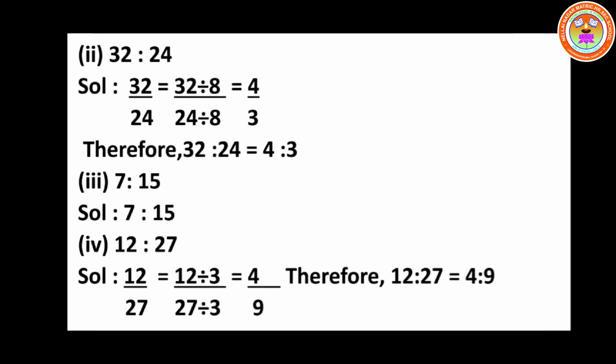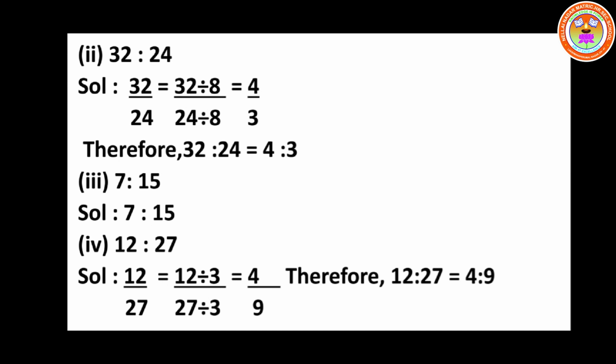Okay, now let us move on to the second subdivision. 32 is to 24. Third, 32 divided by 24. Both will go in the 8 table. 8 4s are 32, 8 3s are 24. So your final answer is 4 by 3.